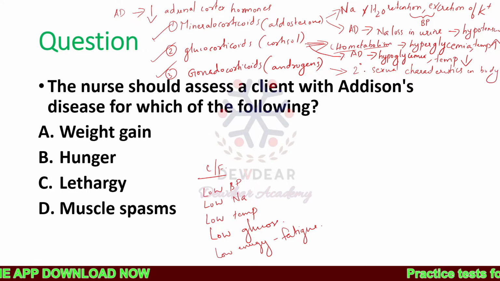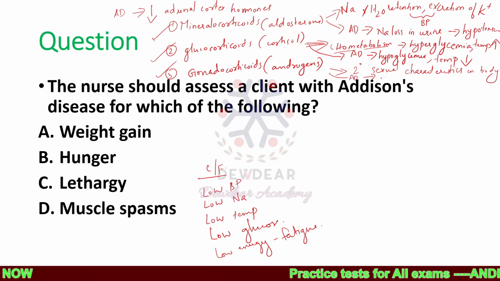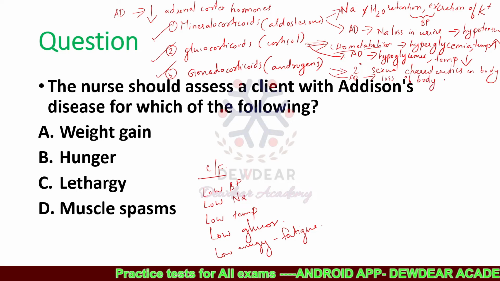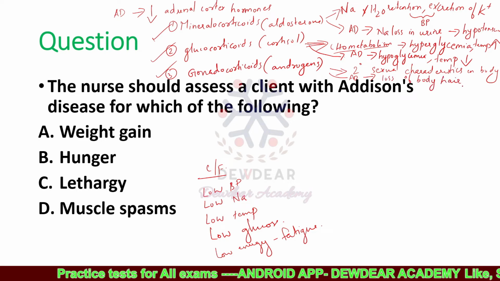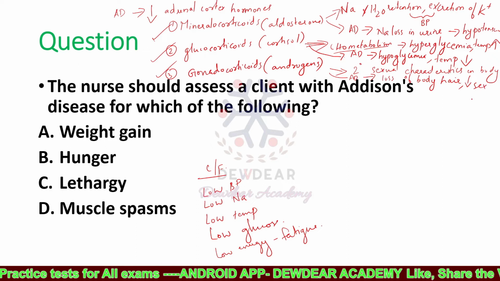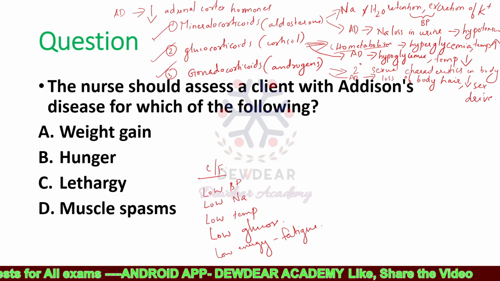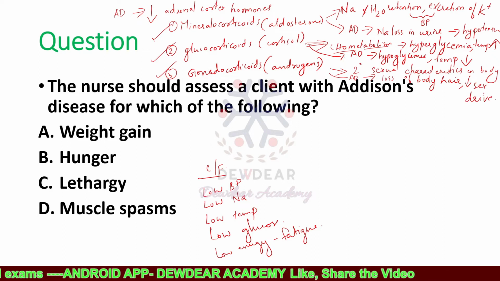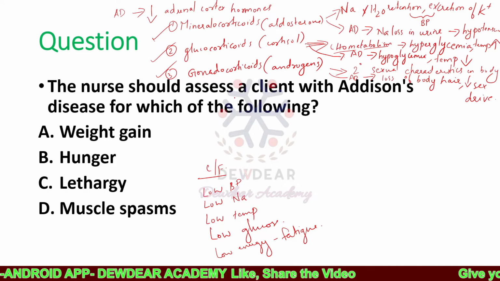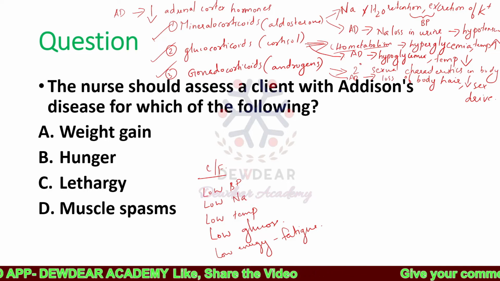So in Addison's disease, these hormones will be reduced, so there will be loss of body hair, and also diminished sex drive. These are the features associated with decreased gonadocorticosteroids in Addison's disease.